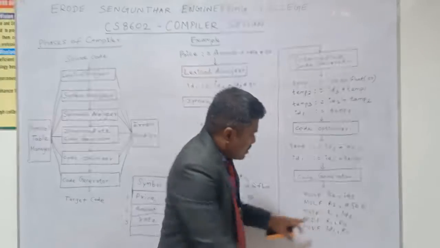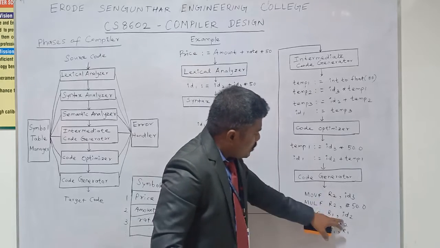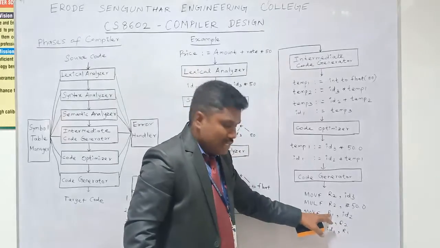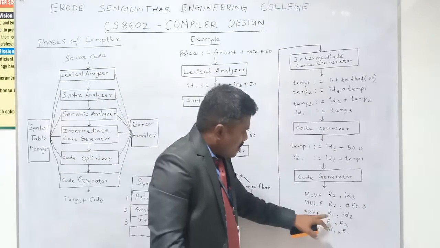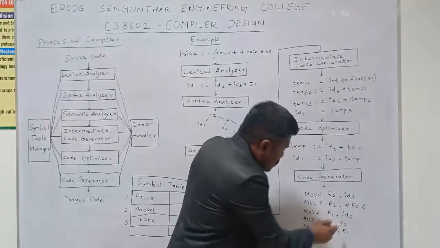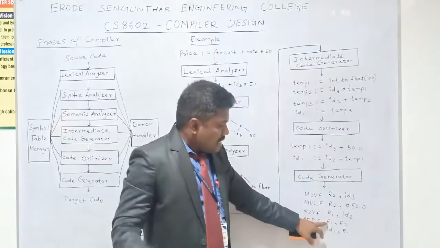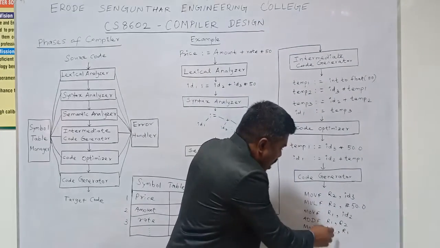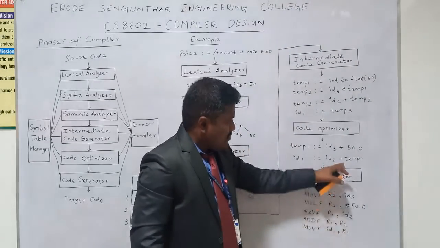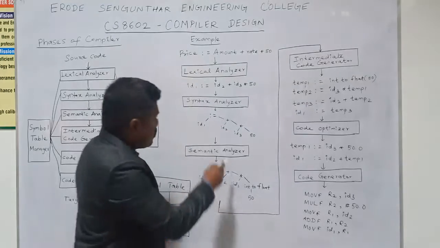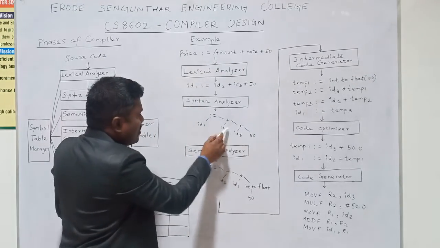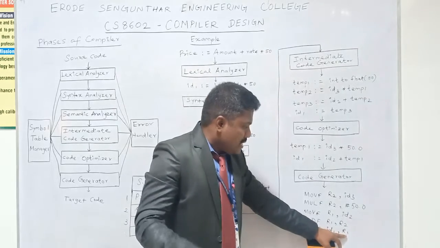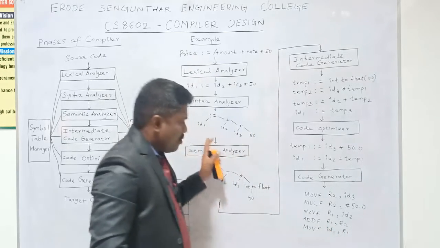Now, id2 value we are moving to r1 register, some other register, and then we are adding r2 value with r1 value. The result will be stored in r1. Here r1 value is moved to id1. The same operation: id2 plus this full portion, the value we are assigning into id1. So r1 has the result, and this r1 value is moved to id1.